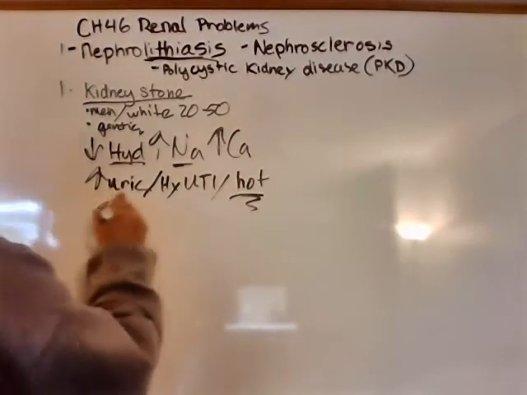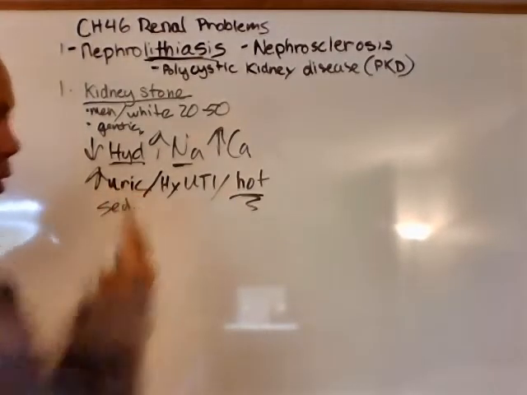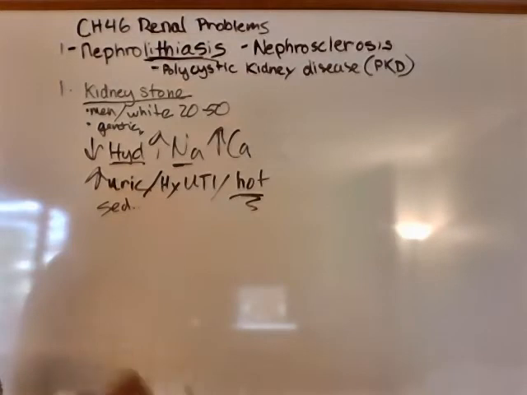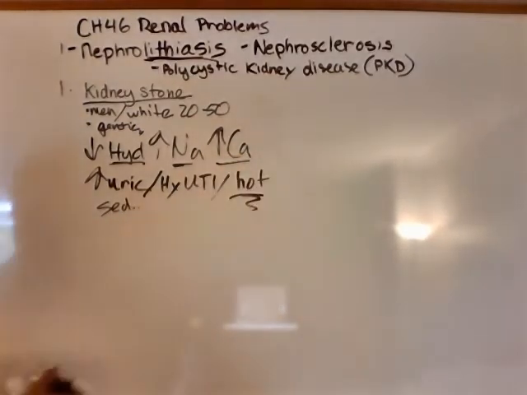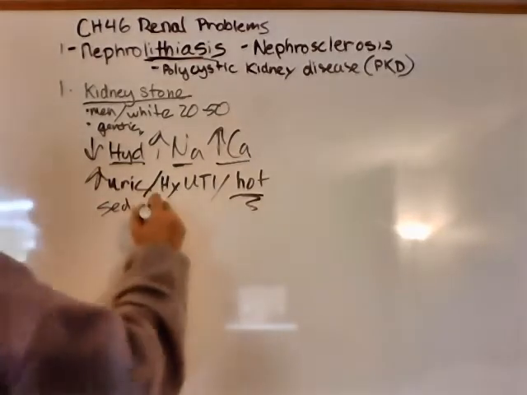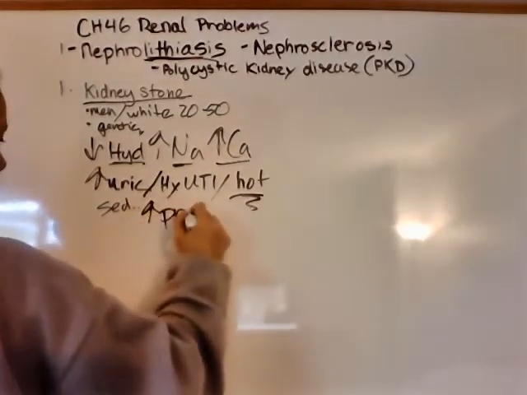Sedentary. People that are immobile are going to have a buildup of calcium, and the reason why is because your body tells you, hey, we don't need this much bone, and it starts to break it down. So that increases your calcium by being immobile or sedentary. High increase of protein. I always forget that.